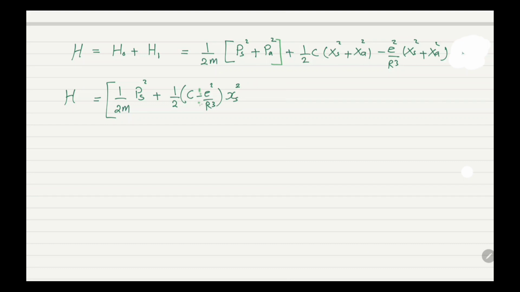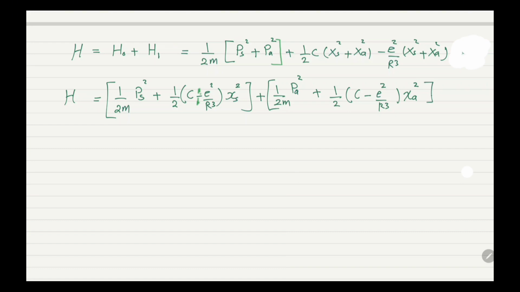We just collected the symmetric together and the antisymmetric together, plus 1 over 2m p antisymmetric squared plus half c minus e squared over R cubed times x antisymmetric squared.